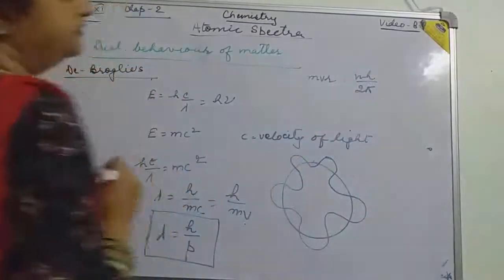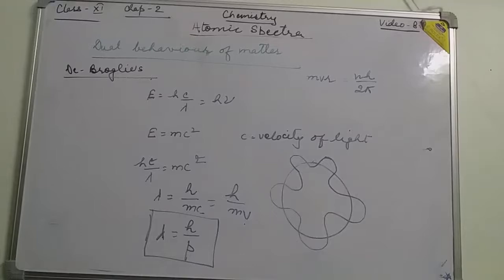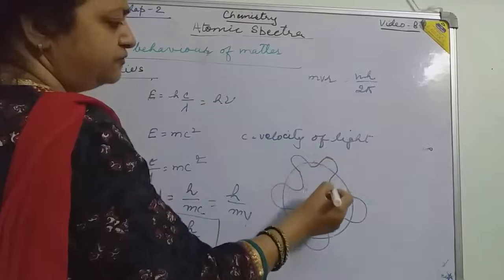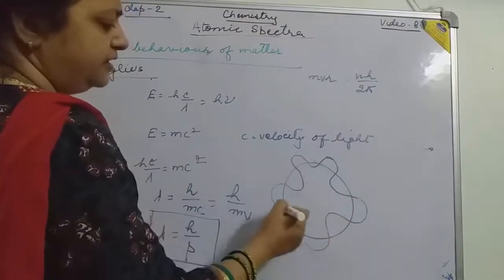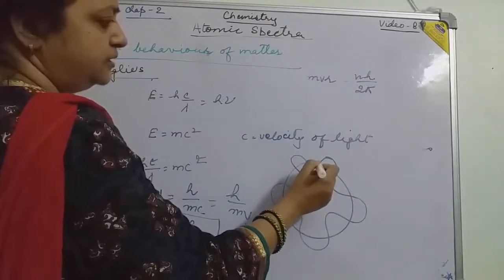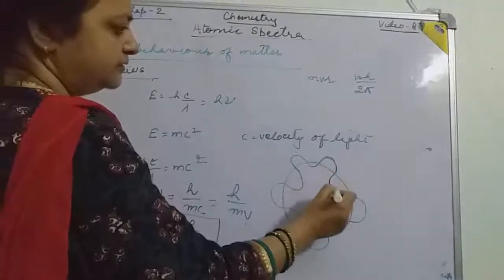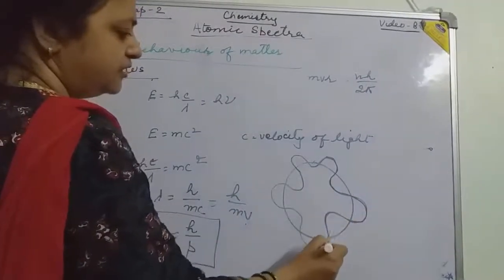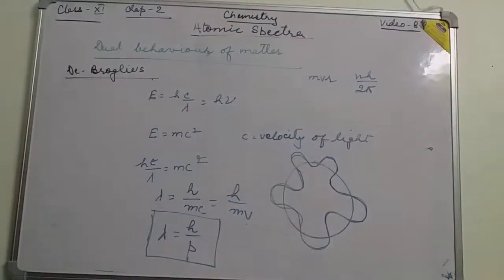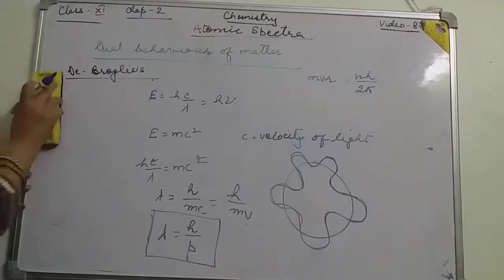If an electron starts from here, it moves in this path, and finally when it reaches this point, it again moves in this path. By this theory, we can calculate the uncertainty principle given by Heisenberg.